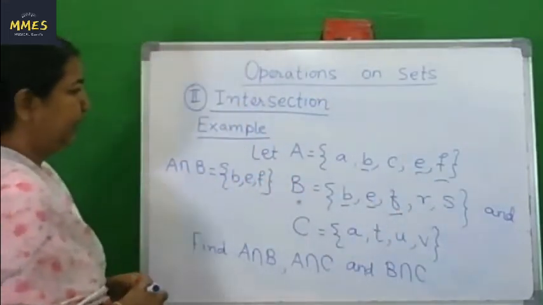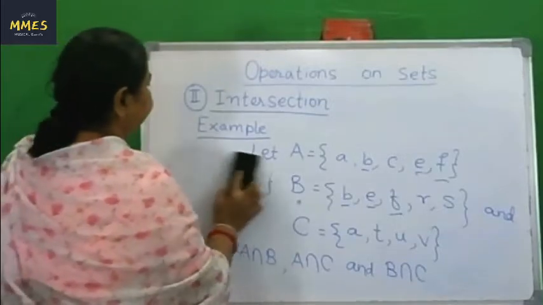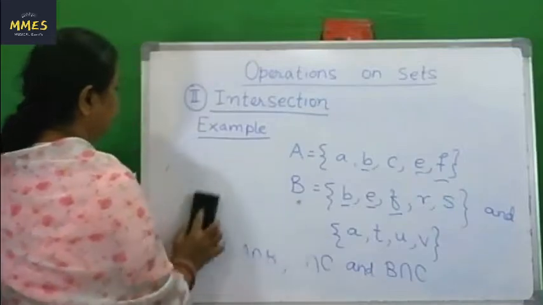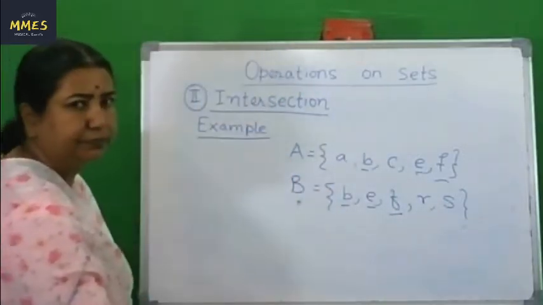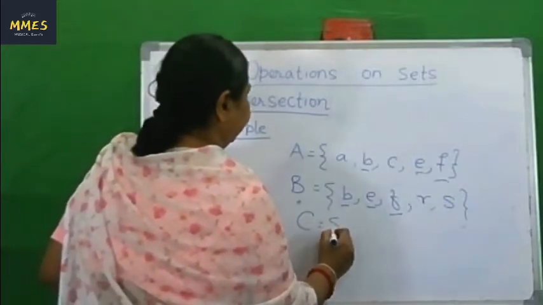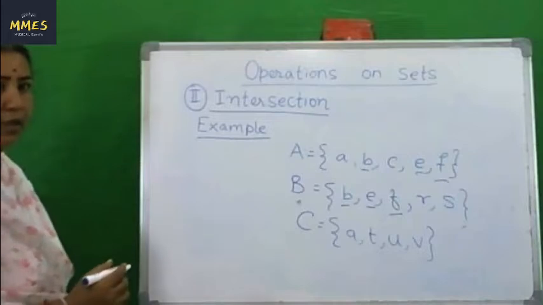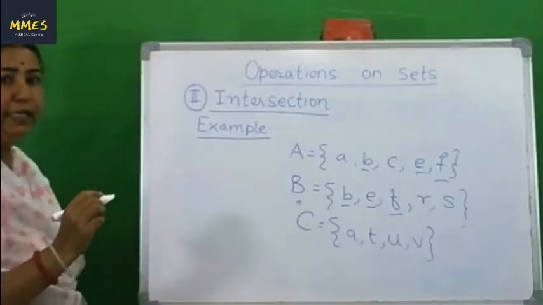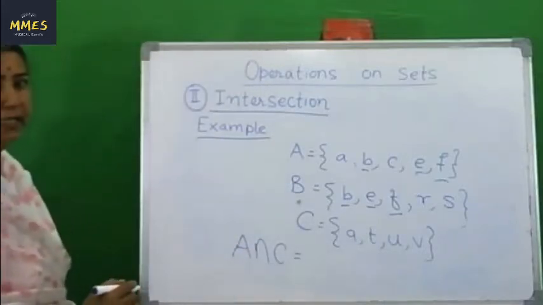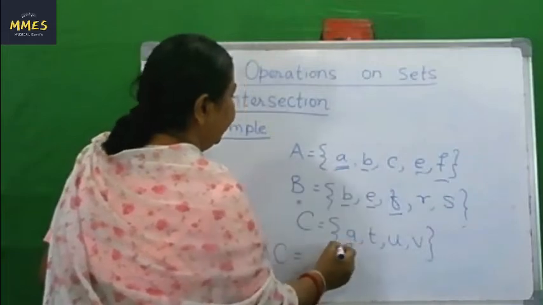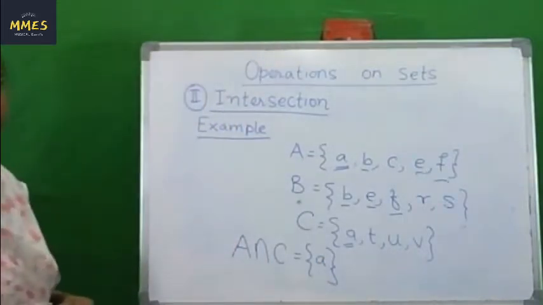These are the common elements in A and B. Next, A intersection C is equal to {a} because we have only one element which is common in A and C.